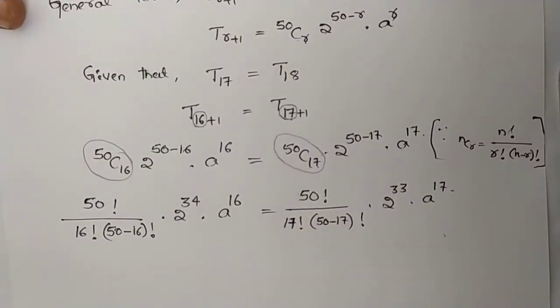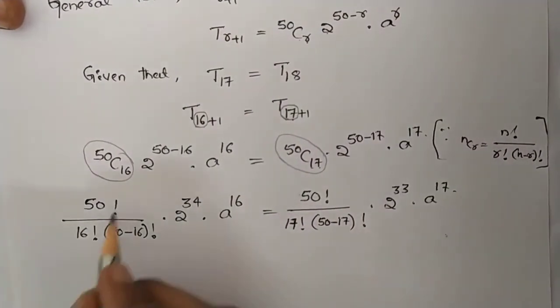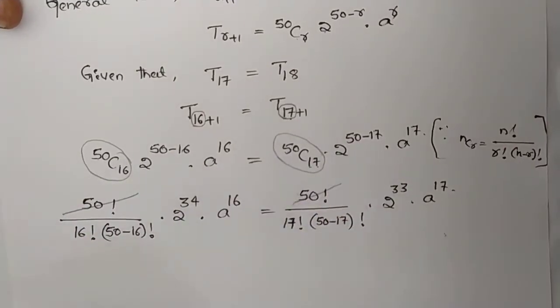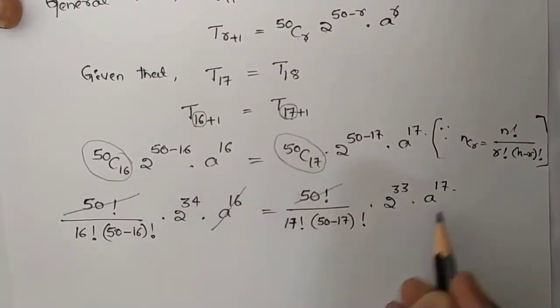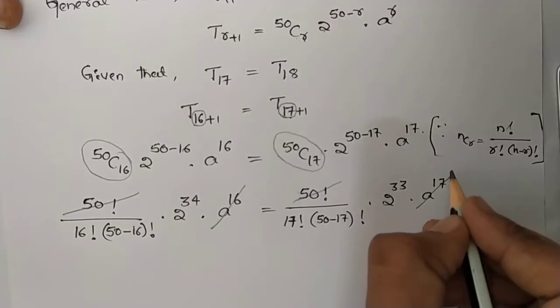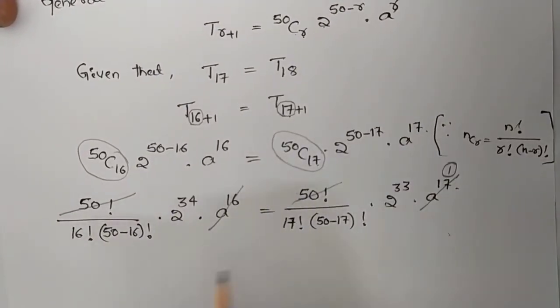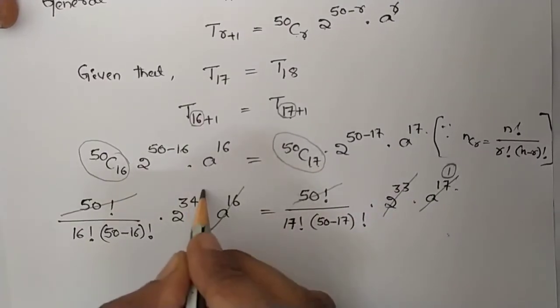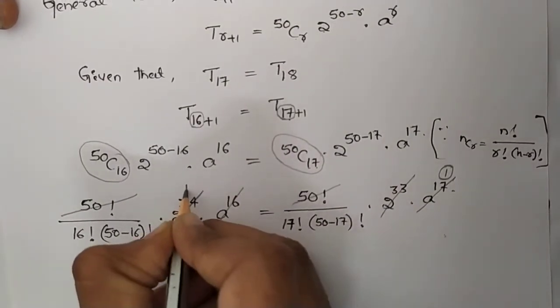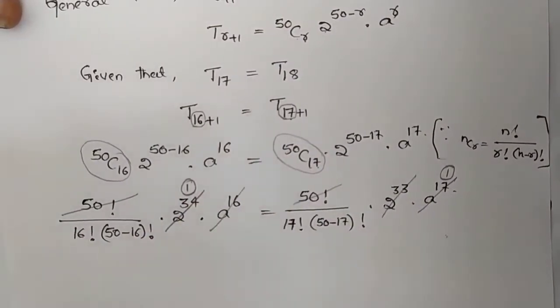Now see which terms will get cancelled. 50 factorial will get cancelled. Between a^16 and a^17, a^16 will get cancelled, and a^1 will be there. Next, between 2^33 and 2^34, 2^1 will be there.